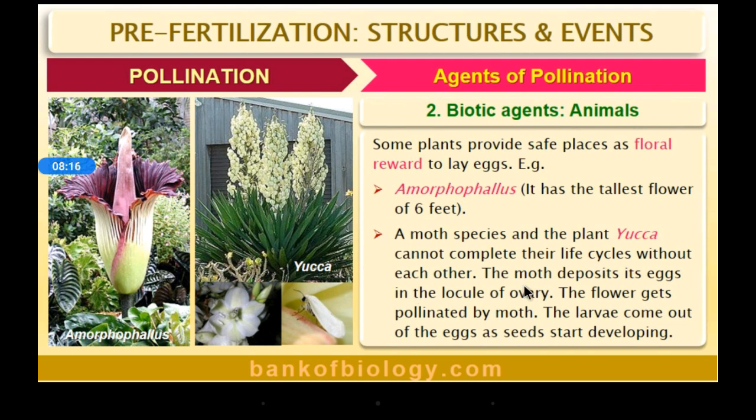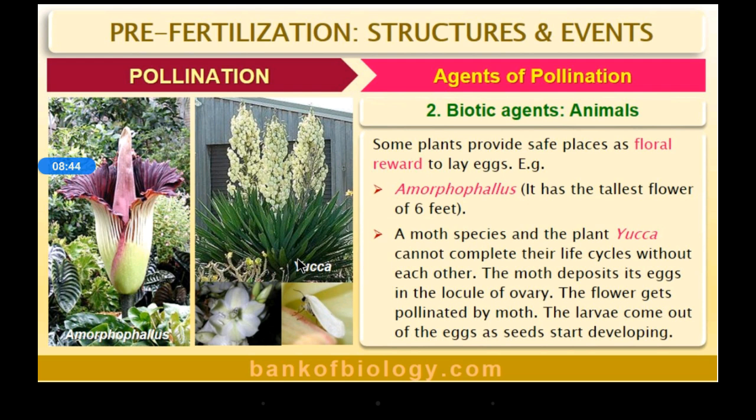The moth deposits its egg in the locule of the ovary, and the flower in turn gets pollinated by the moth. The larva of the moth comes out of the egg as the seed starts developing. So they both are benefited in this relationship between the yucca plant and the moth.